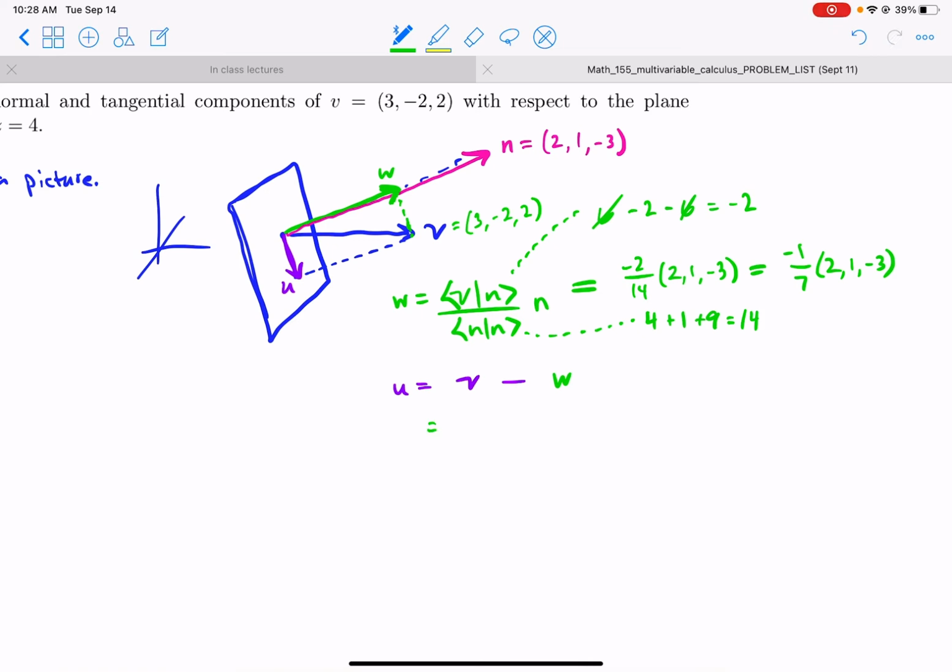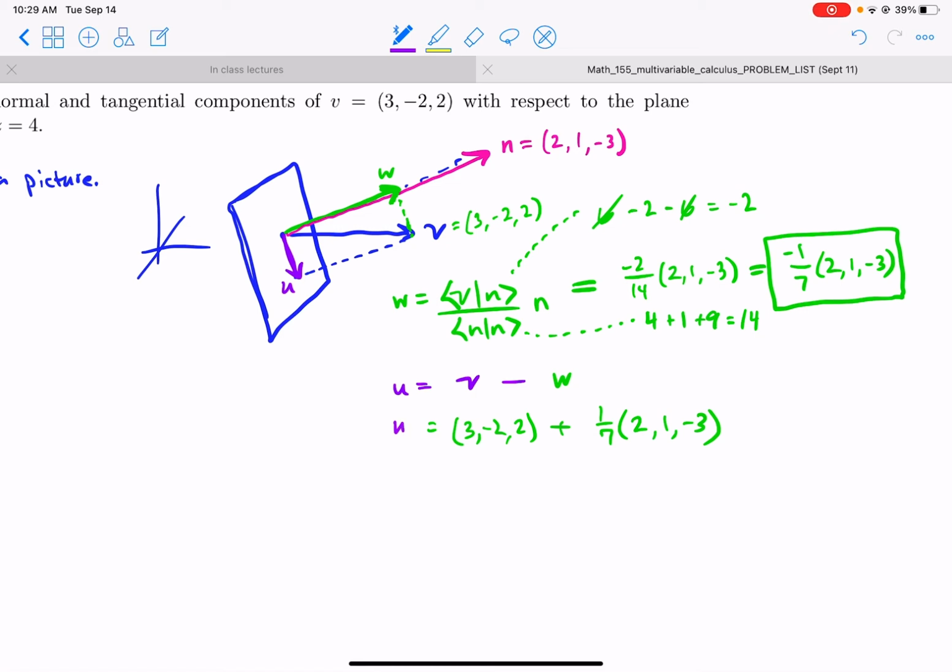And now what's u? Well, u is v, which is that vector, minus w. Minus -1/7 will be a plus 1/7 times (2, 1, -3). So this right here is the green.